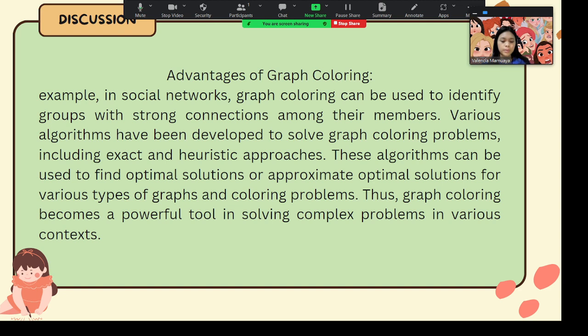Graph coloring presents a concept easily understood by various stakeholders. This makes it useful in communication and problem solving across different domains.